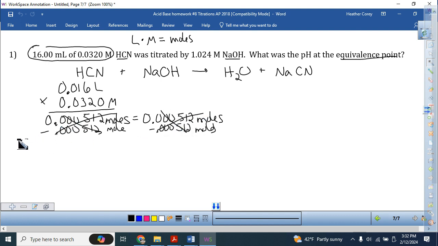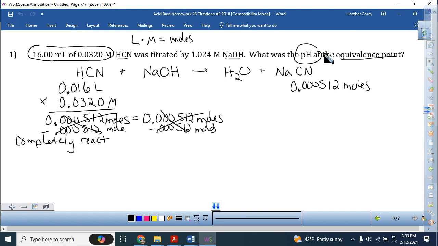They completely react. They're both the limiting reactant. And then we get some NaCN formed. How much of the NaCN is formed? 0.000512 moles are formed.